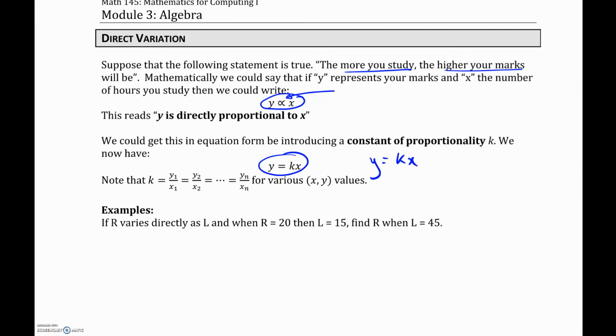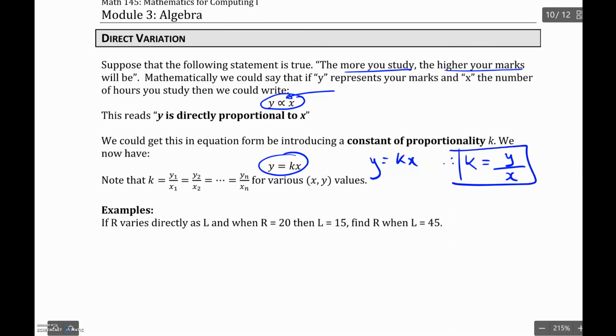The whole essence of this is we want to be able to solve problems. So what we do is we isolate for k. Therefore k is equal to y over x. So that's what we end up with.